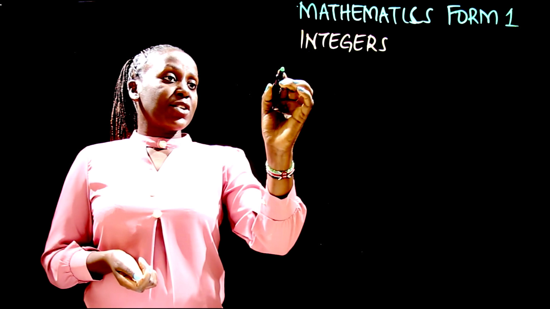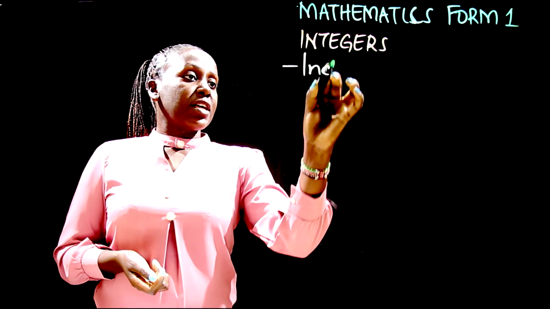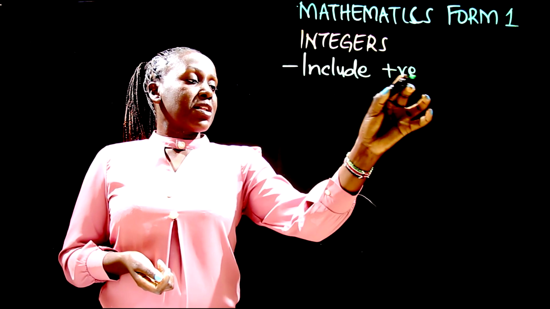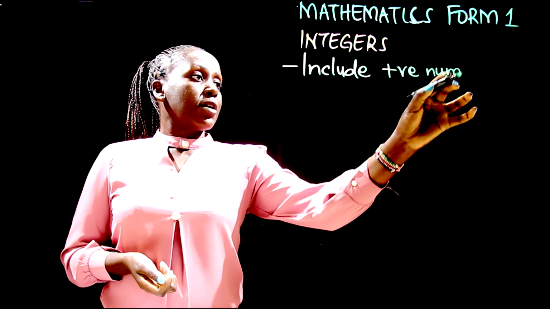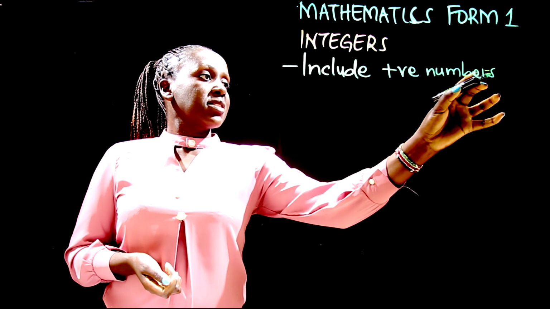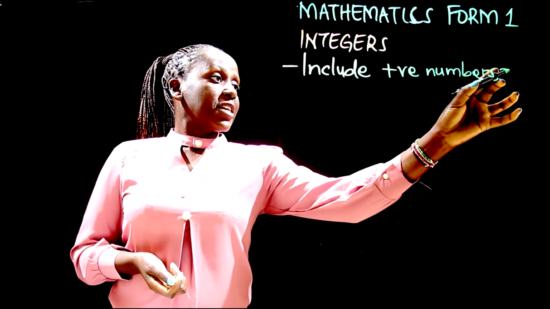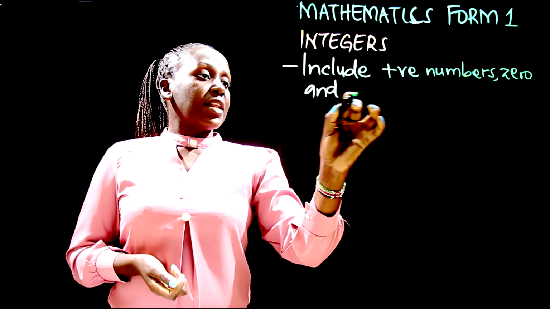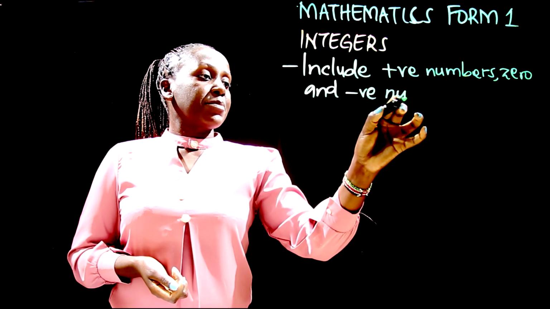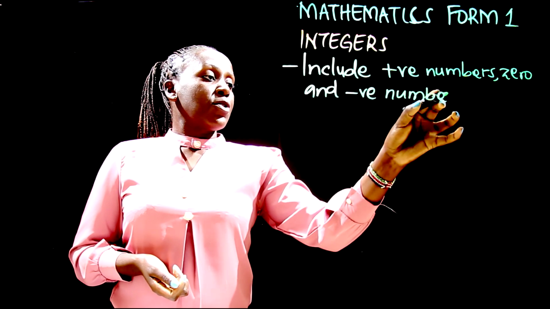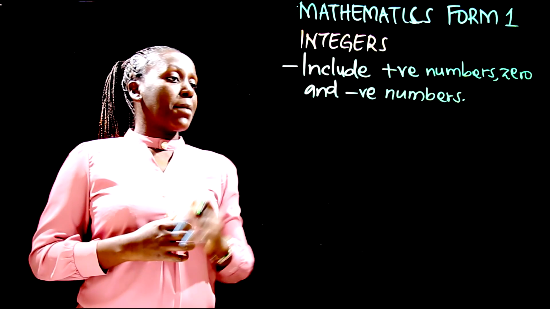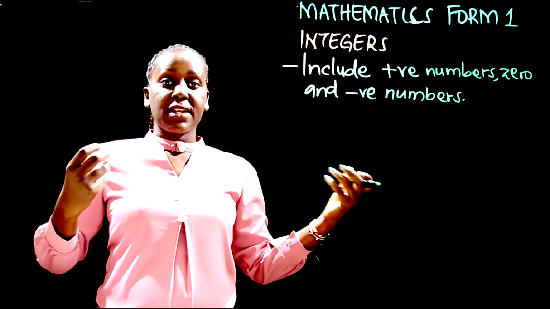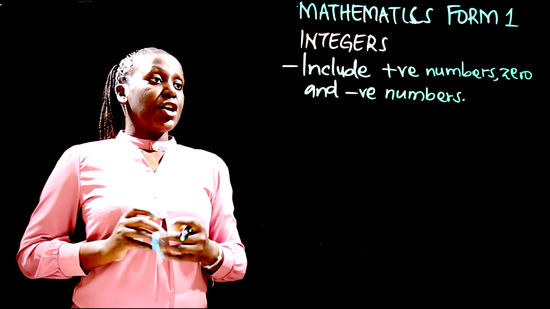So integers include positive numbers, zero, and negative numbers. When you talk about these numbers, we mean whole numbers like positive 10, negative 20.